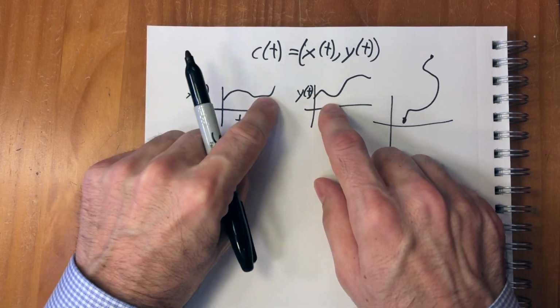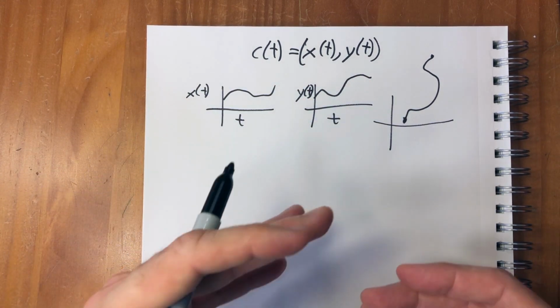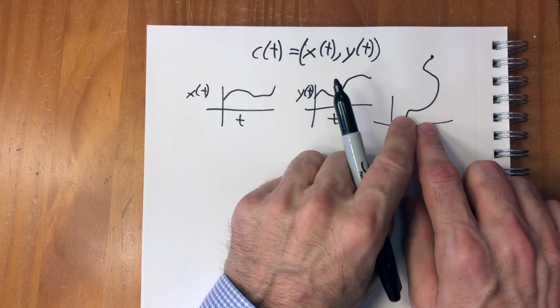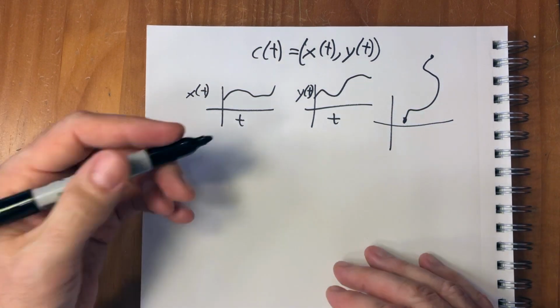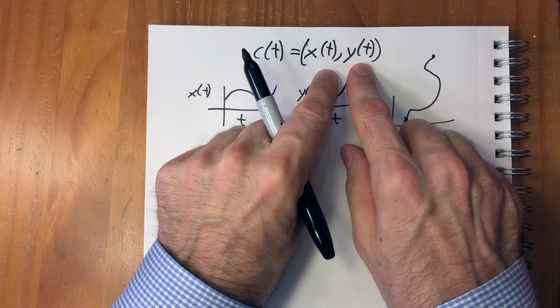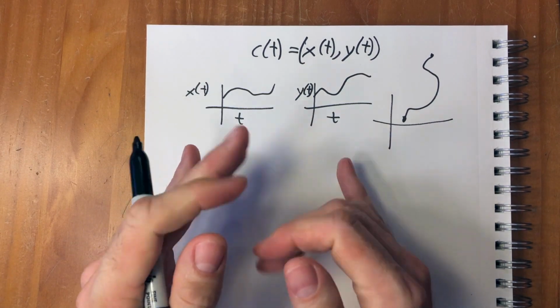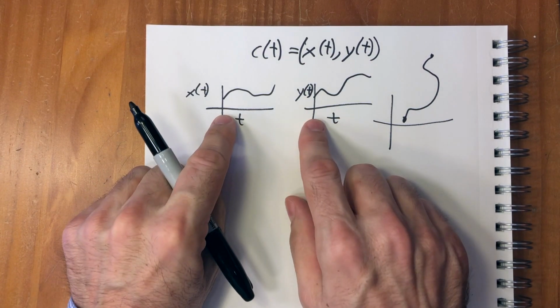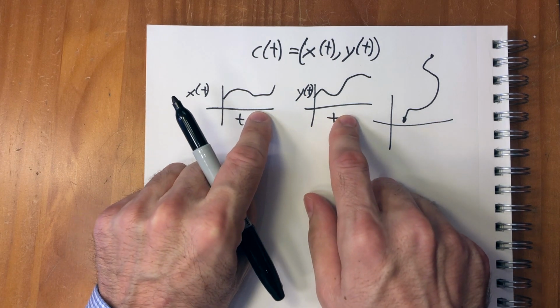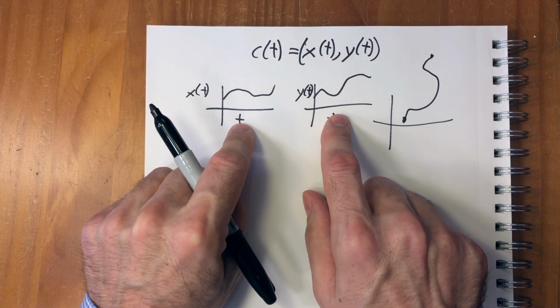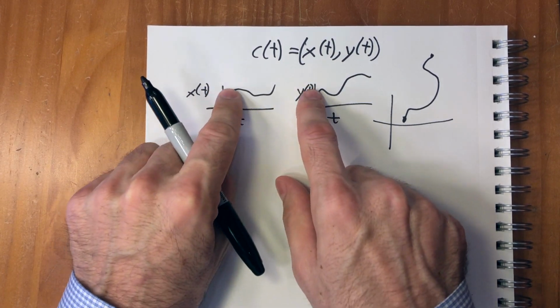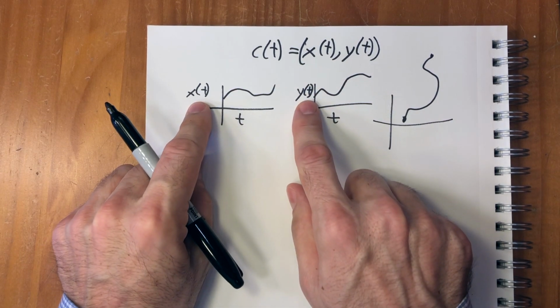The two functions are not independent when we're talking about this curve. There is a curve that these two functions create. They're dependent in the sense that for any value of t, both have a particular value, and that doesn't change because the functions x and y are defined.